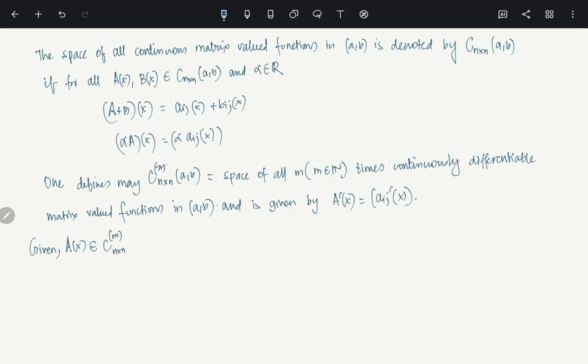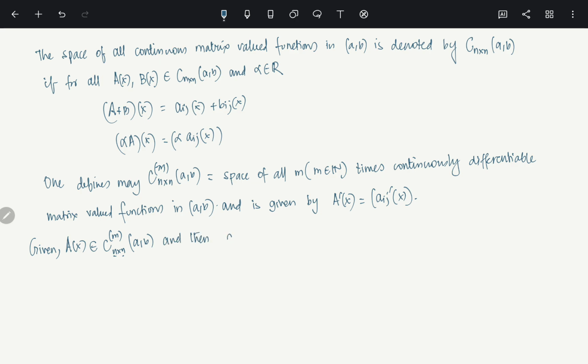The notations are quite a little complicated, so we have to keep that in mind. What specifically this means is we are looking at n cross n matrix, okay, where every entry is at least m times continuously differentiable. That's what it says, nothing special, okay. And the functions all are defined on [a, b].